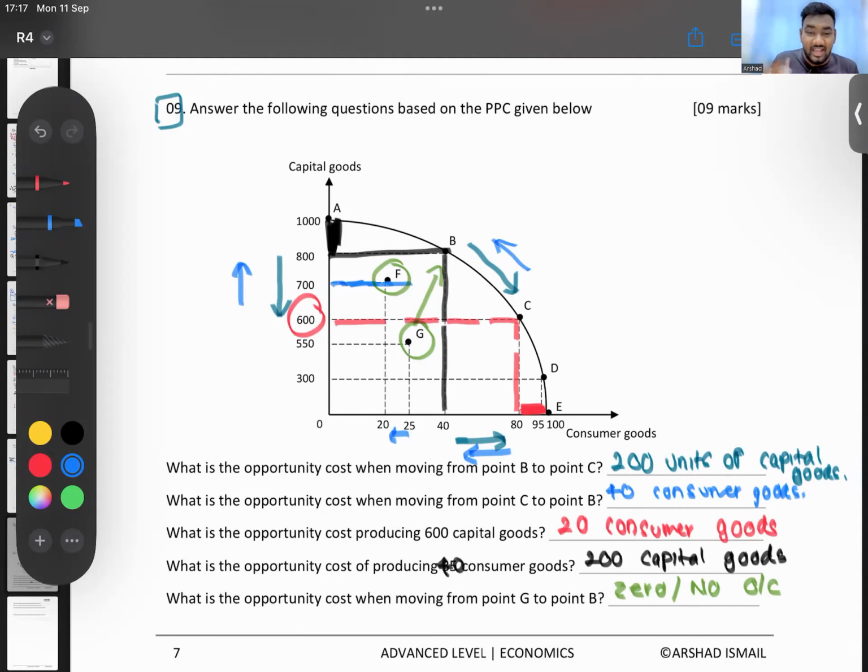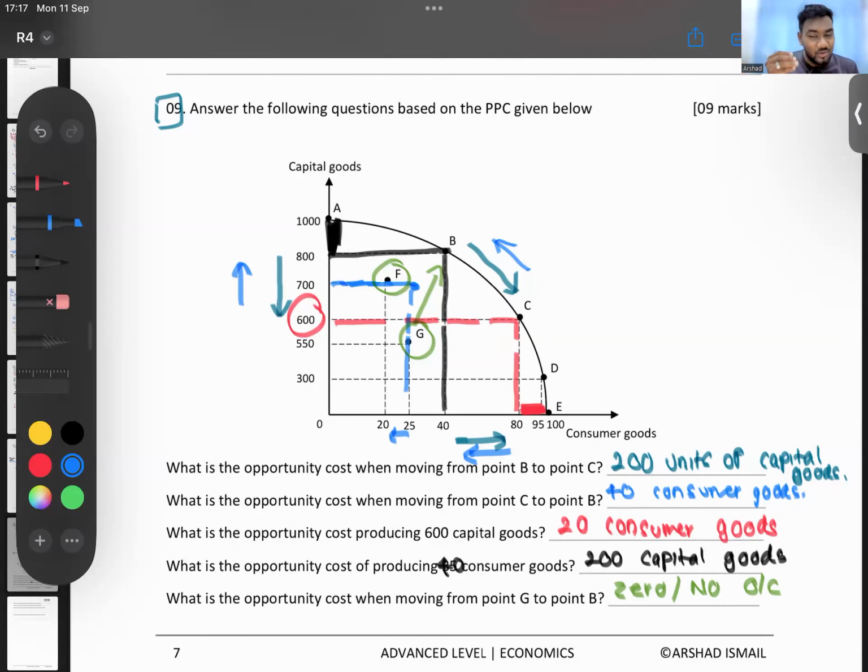No, right? I can go to 700 capital goods even while still producing 25 consumer goods. Without reducing the consumer goods by 5, I can still increase my capital goods to 700.